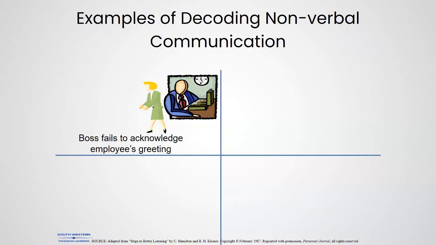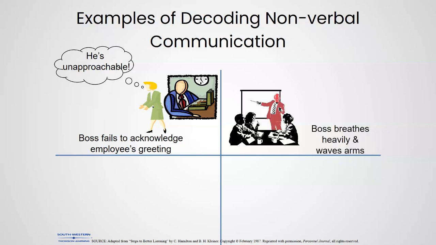So this particular lady interprets the message that I think this boss is not approachable. Or another person would say, maybe this boss is sad today, or he doesn't want to speak to me, or I'm annoying this person. So we always decode messages differently.